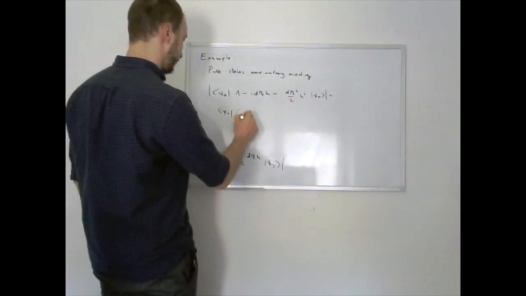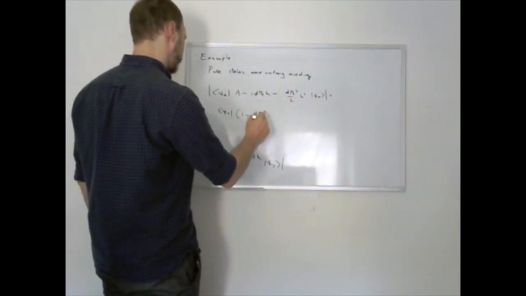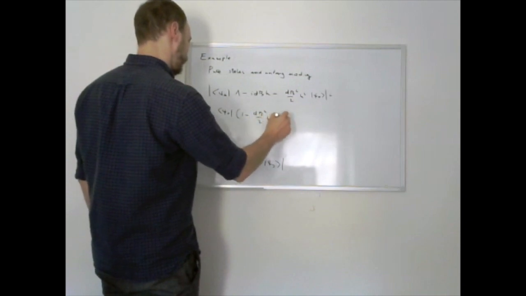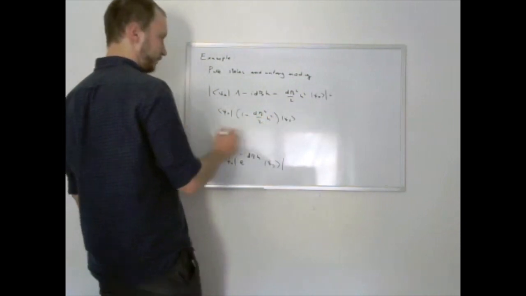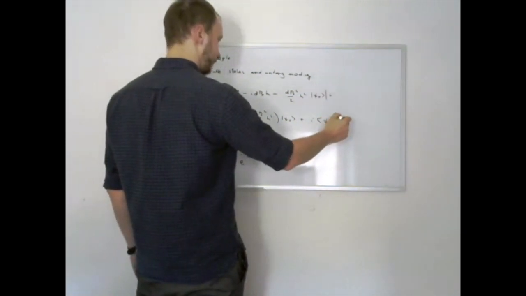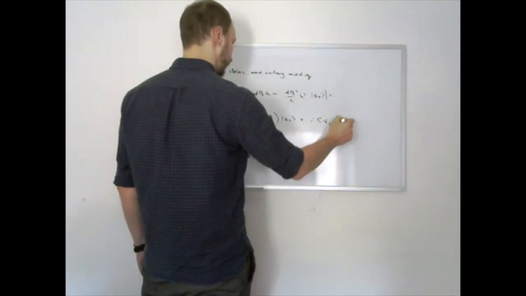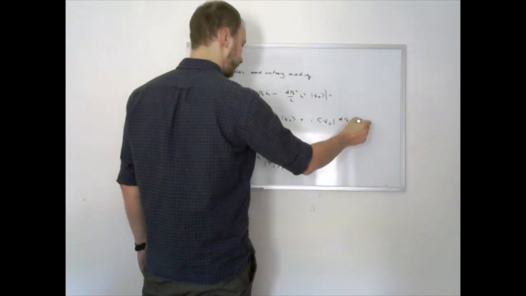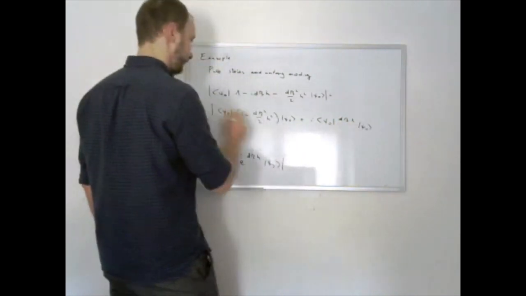So we have 1 minus dB squared over 2 times the expectation of H squared, which is real, plus i times dB times the expectation of H. We take the absolute value of this.